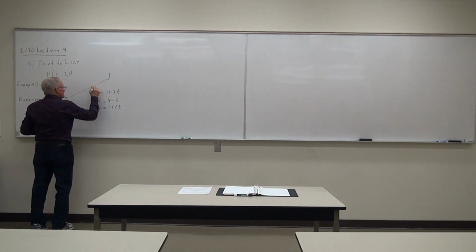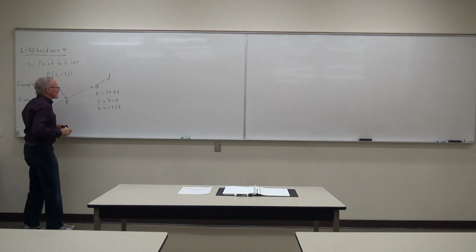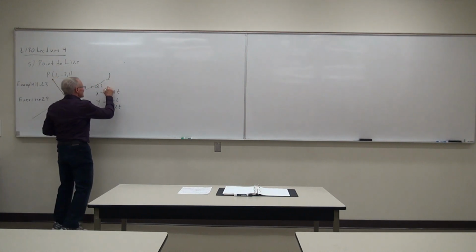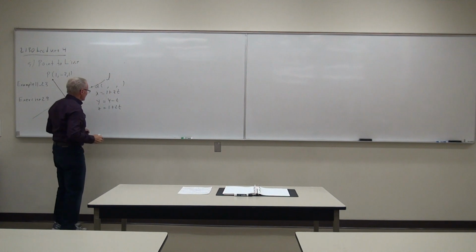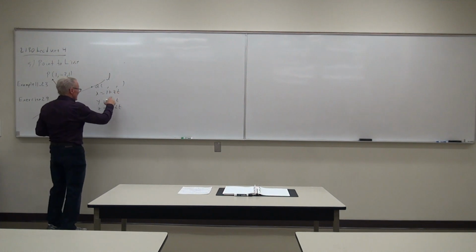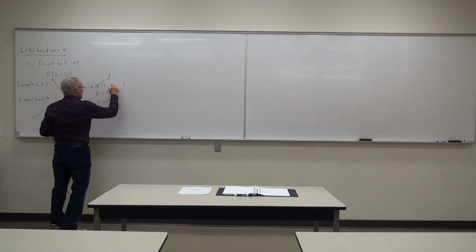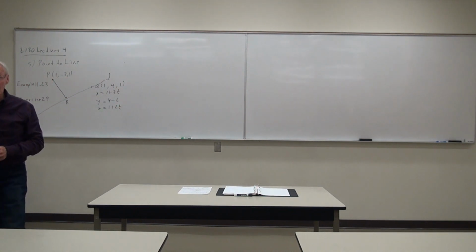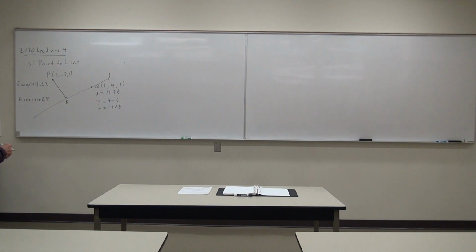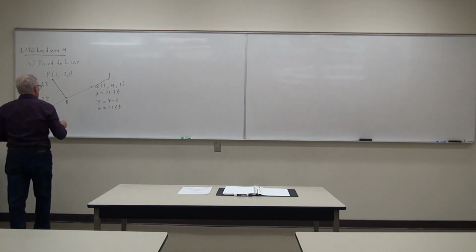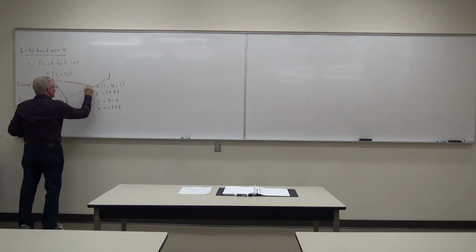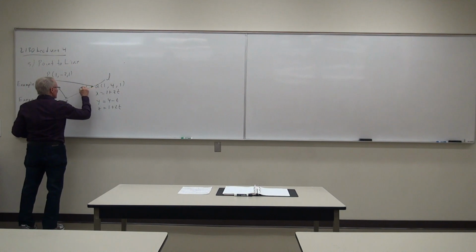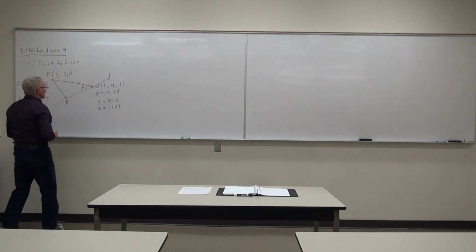All right, here's the idea. Let's take a point Q, any point on this line that you want. Let's find one. You agree if I put in here t equal to 0, I get (1, 4, 1). That's a point on this line, correct? Suppose I make a triangle here by joining P to Q. Call that angle theta.